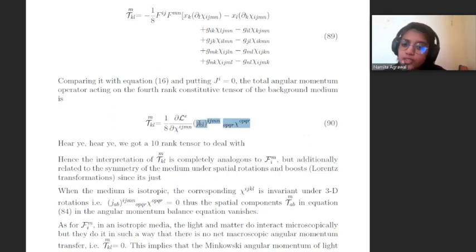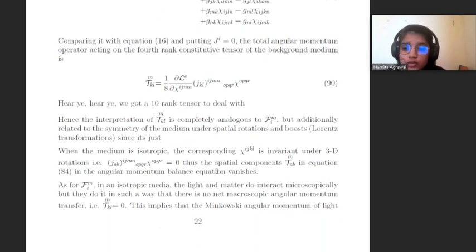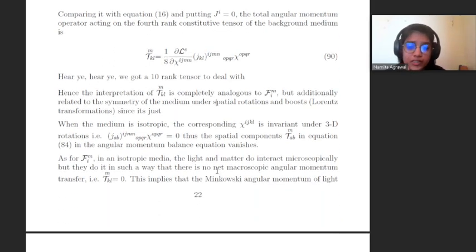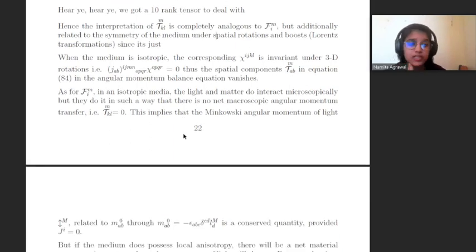So if I consider rotations and an isotropic medium, this term would be zero. That is, the spatial components would be zero. Now again, as we said for F, there do exist microscopic interactions, but there is no effective microscopic interaction.